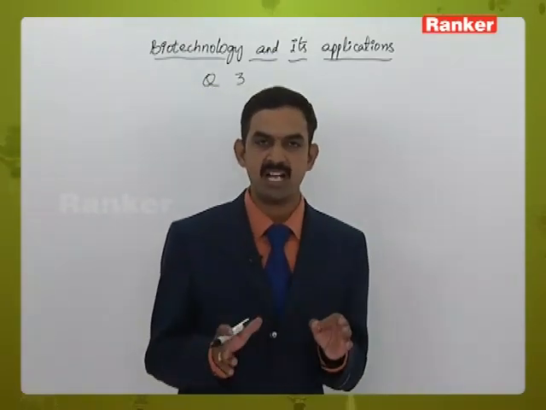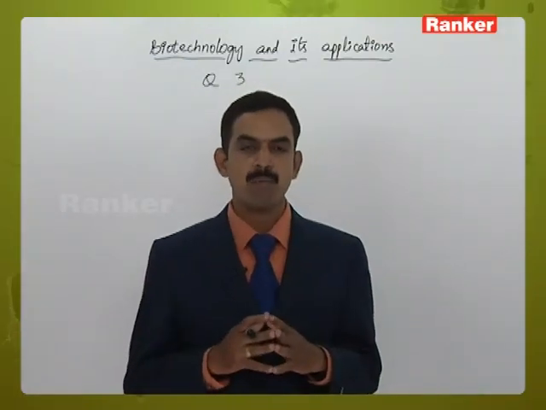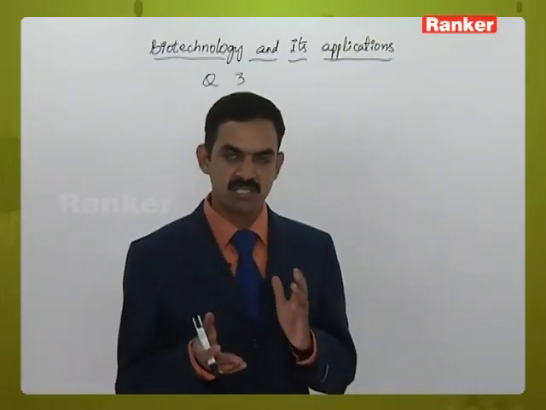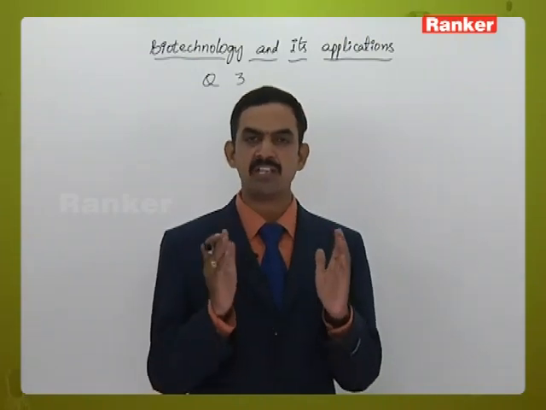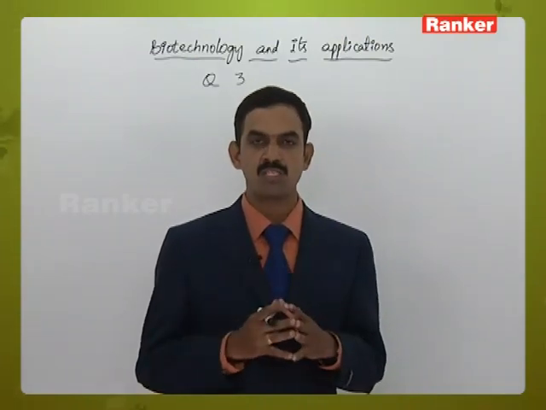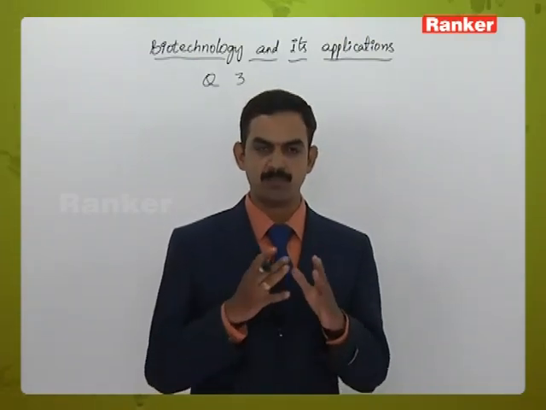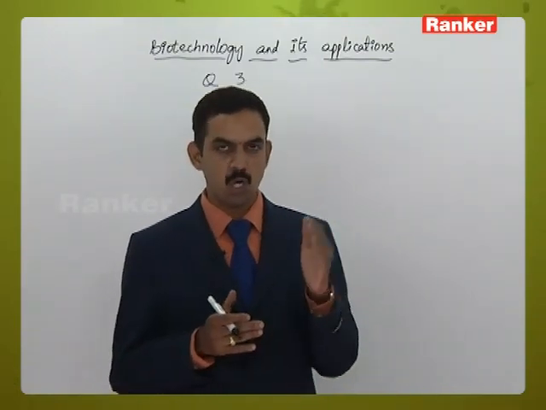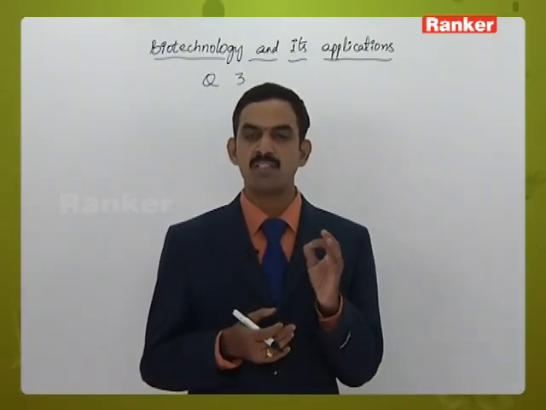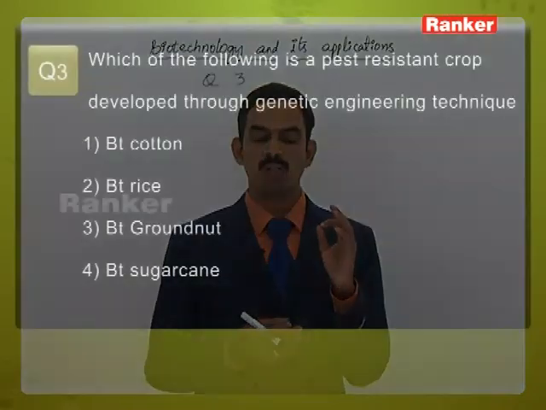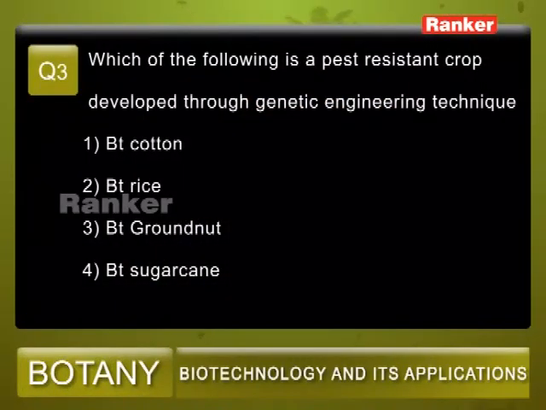This is a bacteria which is used as a biopesticide. So for killing the insects, it is a source of living organism. So from all the options we can say that the one which is used as a pest resistant crop is the BT cotton variety. So question number 3, the correct answer is 1.